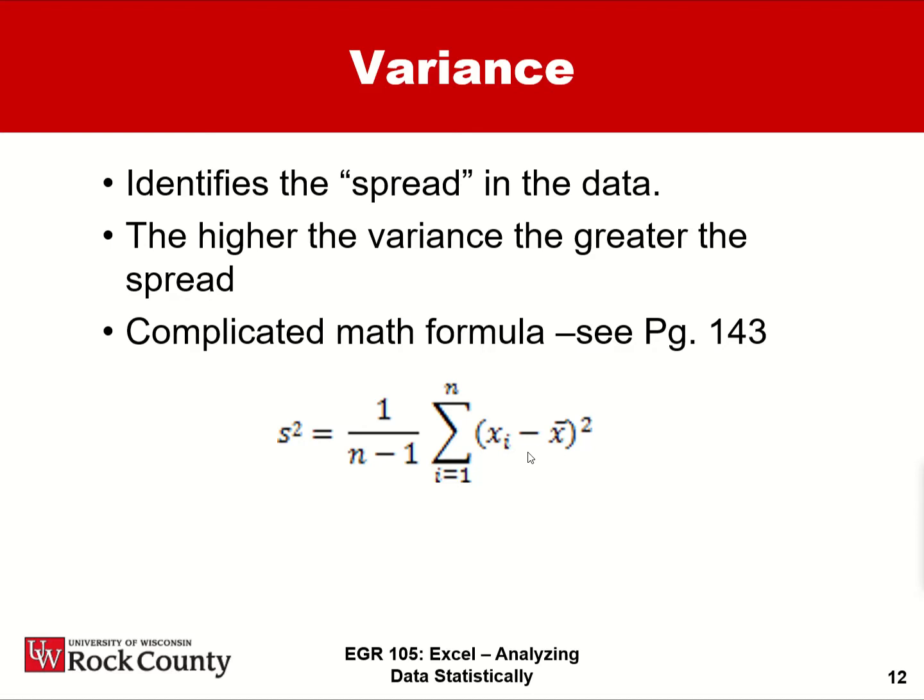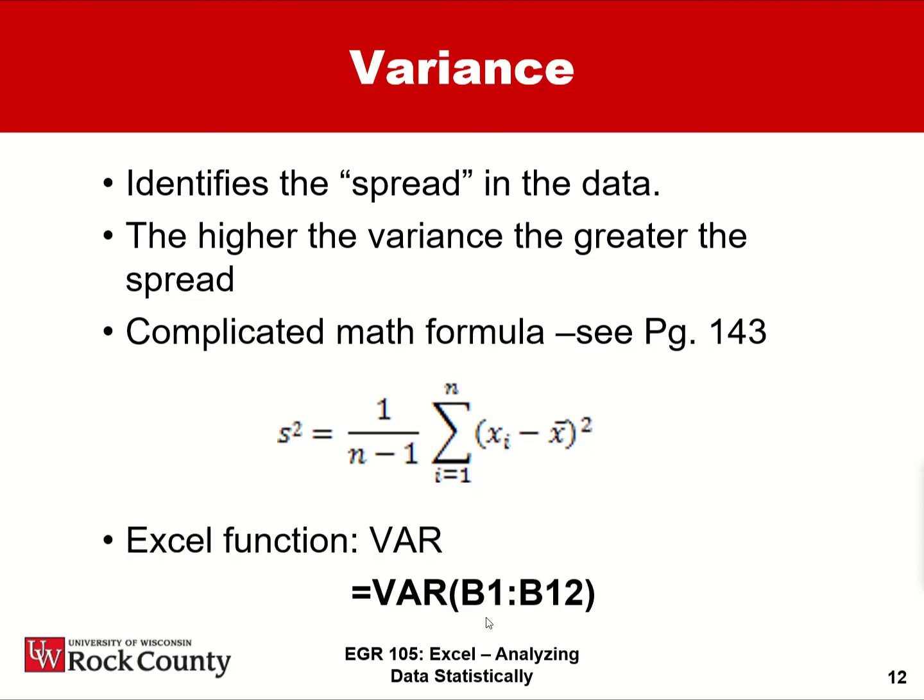We're looking at the difference between the average and the data point itself, and we square that and add up each of those. I'm not asking you to do that. Excel will do this for you. It will calculate the variance for us, which is really handy. And this is the function that we use, this VAR, and that will calculate the variance for us.